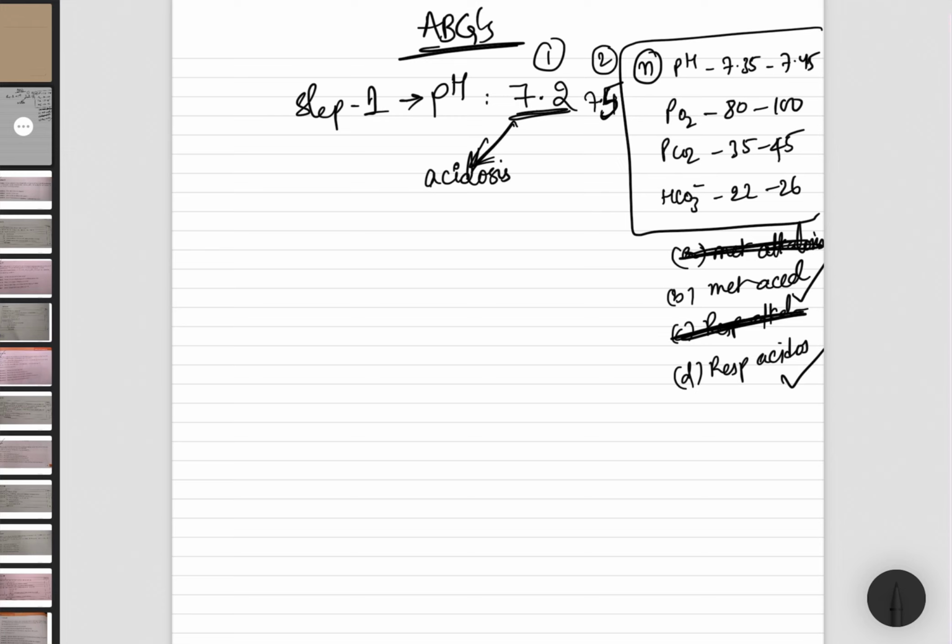Then observe what the bicarb is. See, if the bicarb is 14, you can say that this low bicarb can contribute to acidosis.